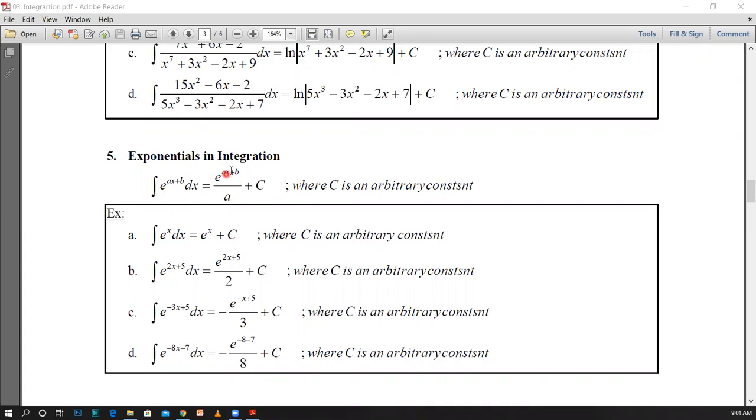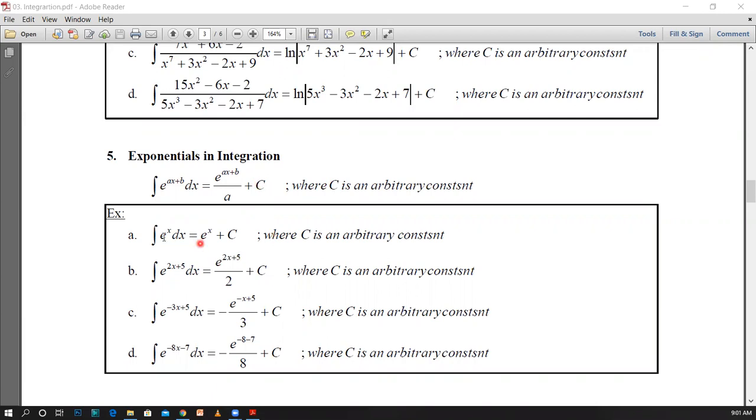Here the coefficient of x is a. The integral of e to the power ax plus b dx is obtained as e to the power ax plus b divided by a, and at the end you have to add this arbitrary constant c.